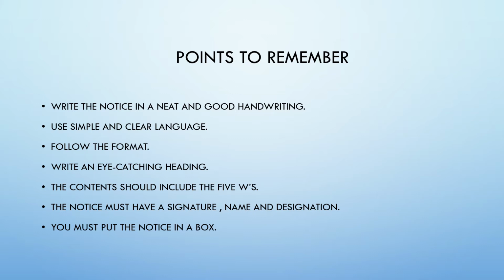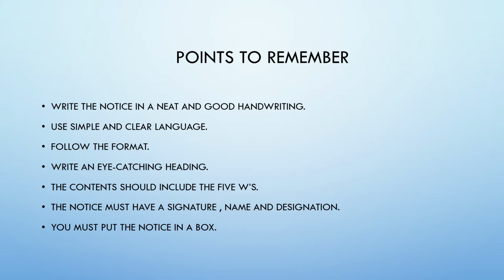The contents of the notice, that is the matter you write in the notice, should include all the information the person who is reading needs, and that means that it should include the 5 W's. Now, this is very important. You remember what you have to include in the content has to be the 5 W's.